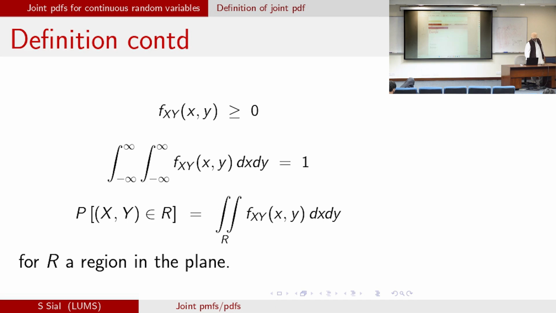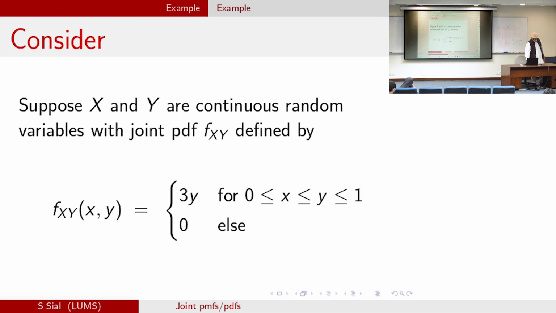Okay. All right, so let's do an example. X and y are continuous random variables. They have a joint PDF, which is defined by, it takes the value 3y on the region given by 0 less than or equal to x less than or equal to y less than or equal to 1, and 0 otherwise.